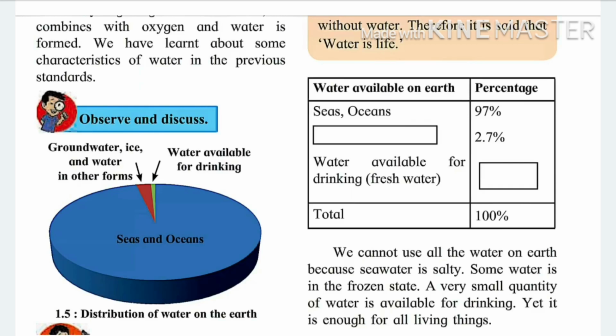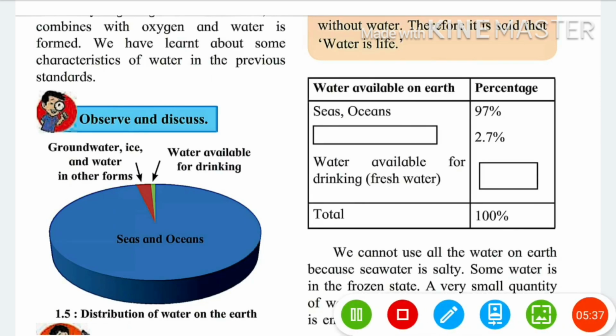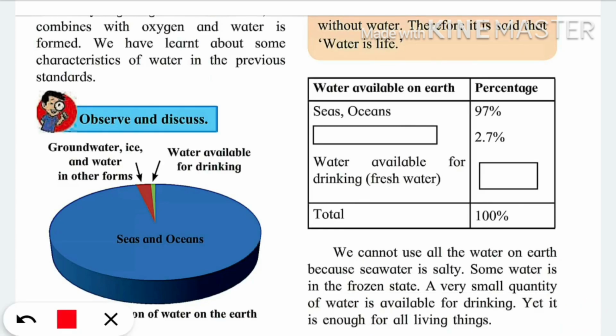So 100 minus 97 minus 2.7, and the answer you get is the percentage of water available for drinking. We just can't live without water, you know that, and there is too much scarcity of water. So don't waste water, and we all know the importance of water.